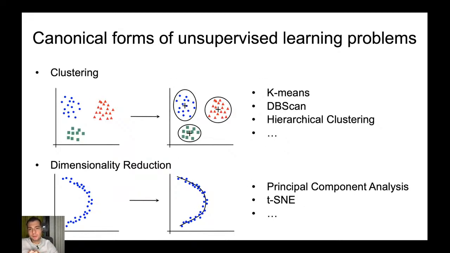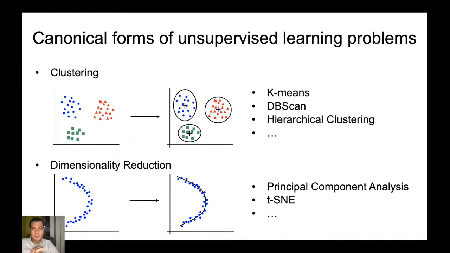As you recall from the previous lectures, we discussed two main canonical forms of unsupervised learning: one that involves clustering and another one that involves dimensionality reduction.